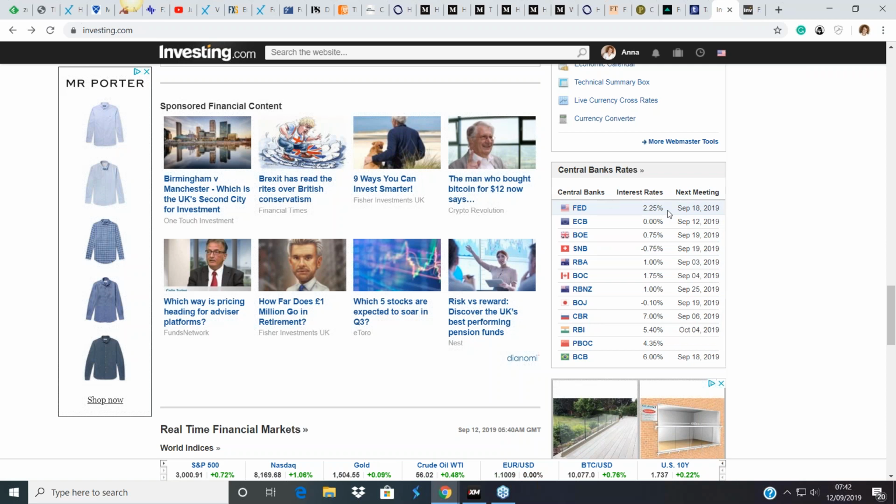Now, if the ECB and Draghi go ahead with more into negative territory, it's going to potentially weaken the euro even more. The euro has gone through some significant support levels. If you're a euro trader, you will know, and we will look at the charts. If he pushes that even lower, Washington is not going to be very happy.